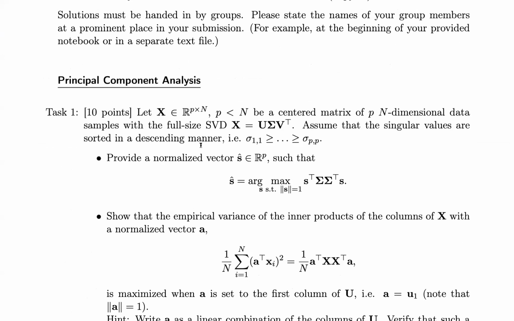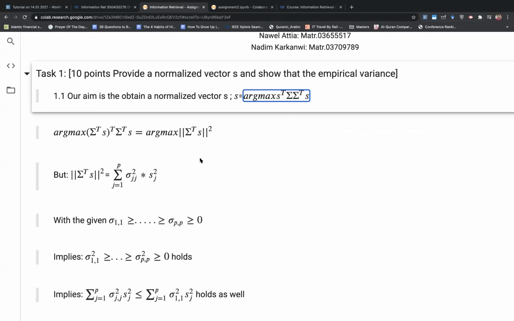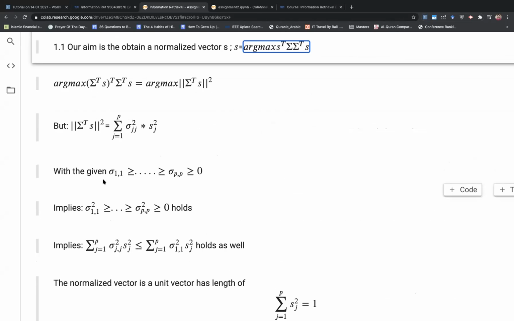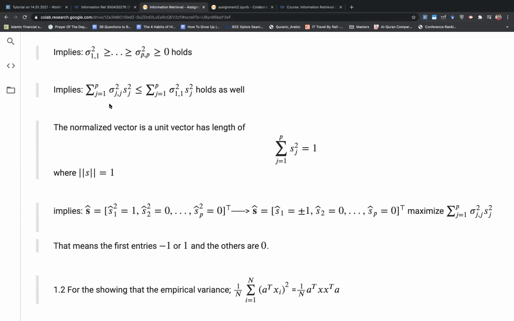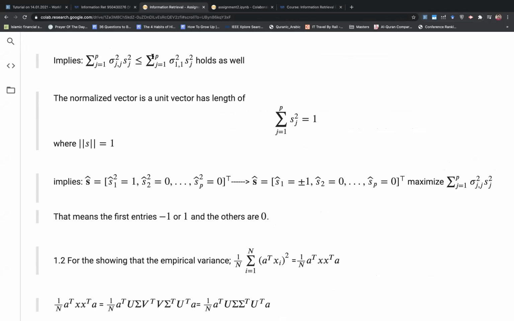With that in mind, it means that all the sigma squared values should also be greater than 0, because if the individuals are greater than 0, then the squares would also follow the same pattern. This also implies that sigma squared times S_j should be less than or equal to sigma squared times S_j.